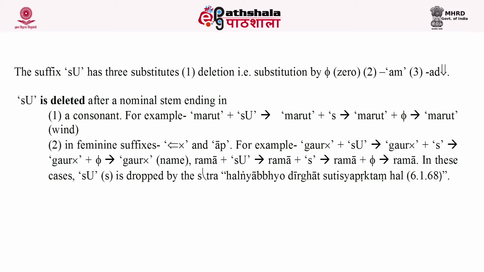The sutra states that the nominative or first singular suffix su is dropped after a stem ending in pratyahara hal, or the long vowel of feminine suffixes gi and ap, and the consonant ta of tip and sa of sip when the vowel in these suffixes is lost.